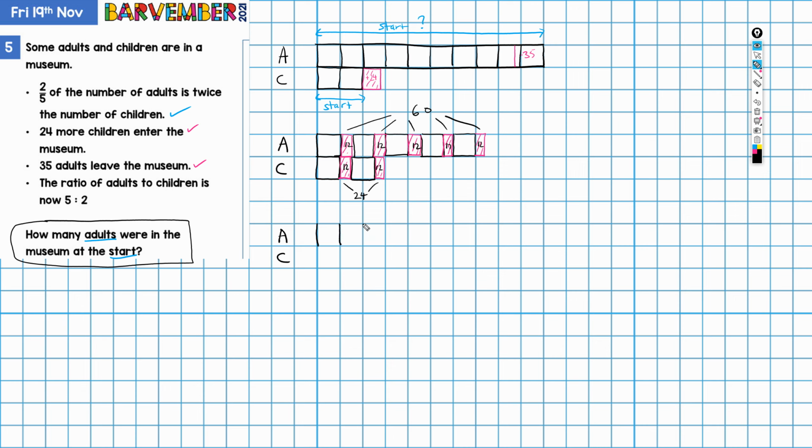So 1, 2, 3, 4, 5. So 5 of these. And remember that each of these is equivalent to these. Okay, so all these black boxes are all the same size, equal size parts.